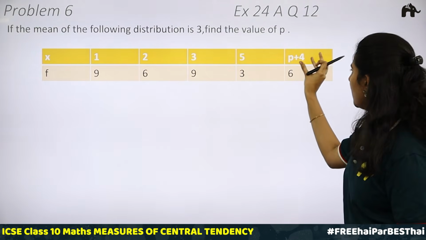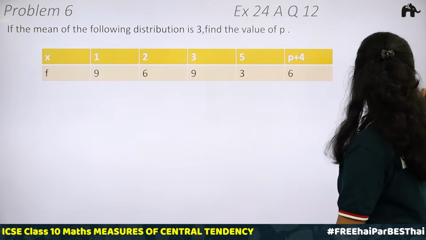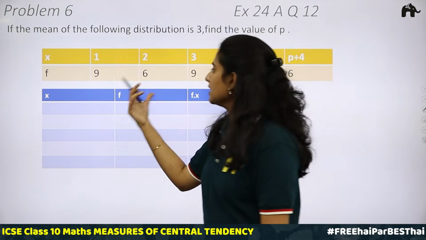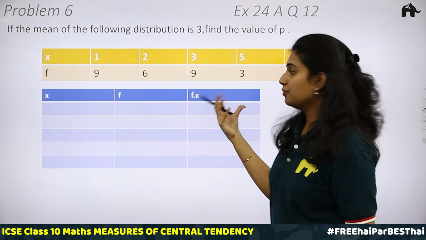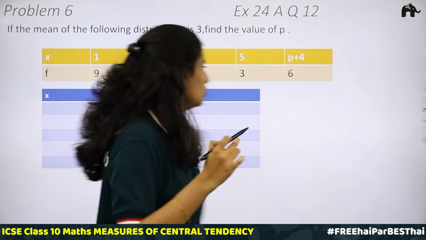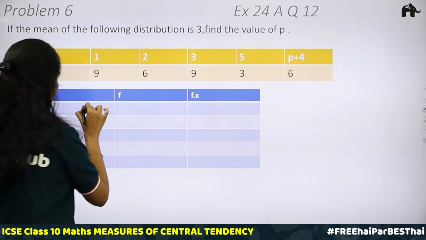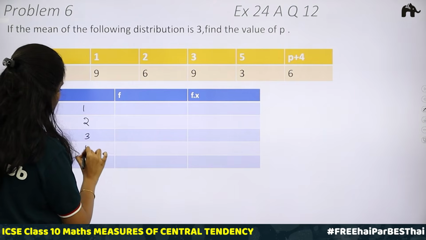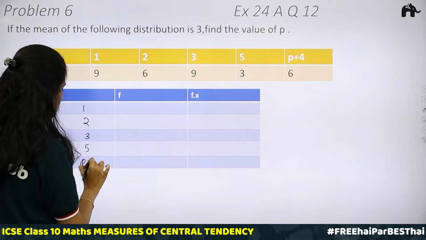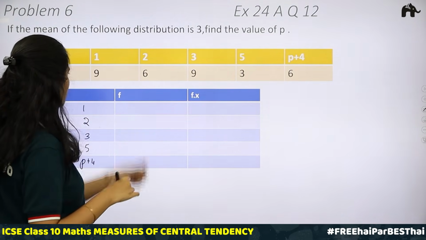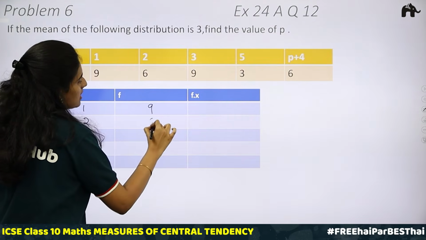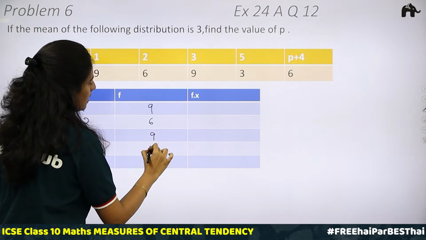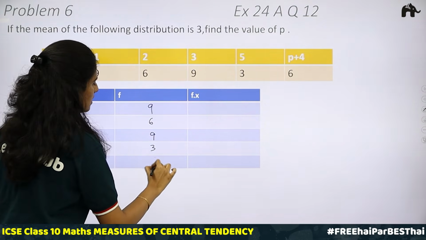So we have x and frequency, and we have to find fx first. So the x values given are 1, 2, 3, 5 and P plus 4. Correspondingly the frequencies are 9, 6, 9, 3, 6.